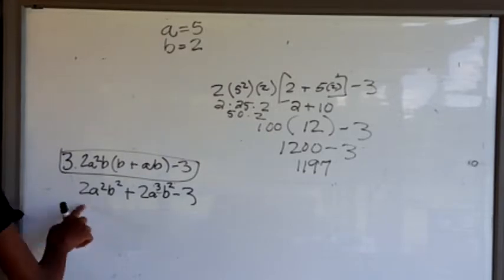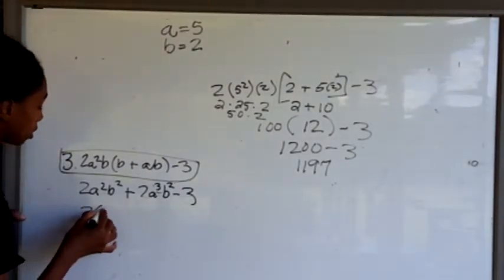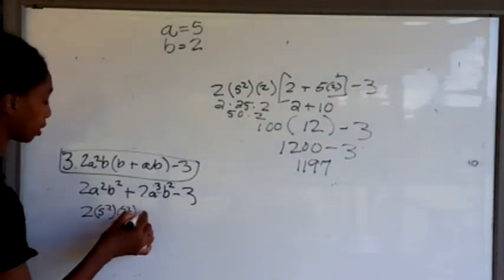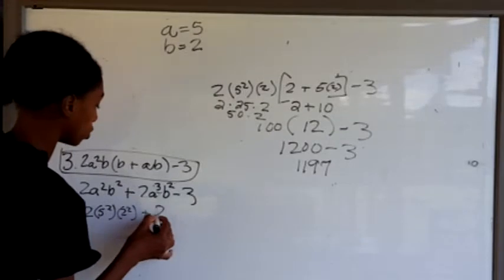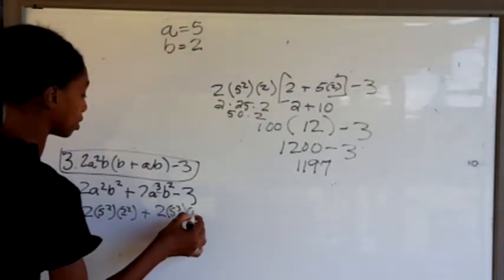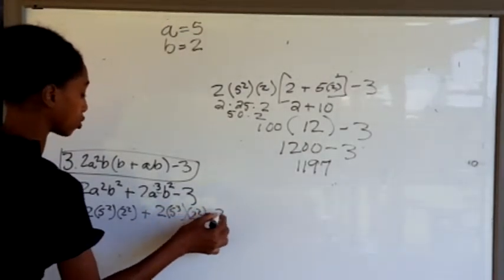Alright, so now we can work out this one. So we have 2 times 5 squared times 2 squared plus 2 times 5 to the third power times b times 2 squared minus 3.